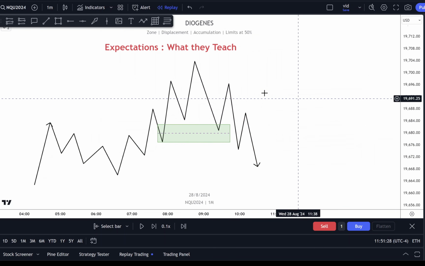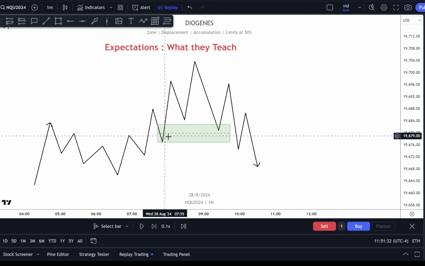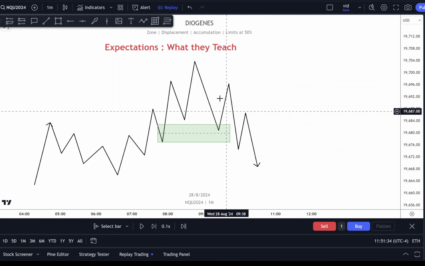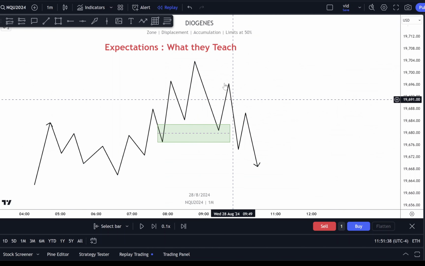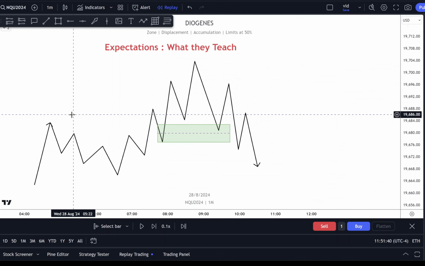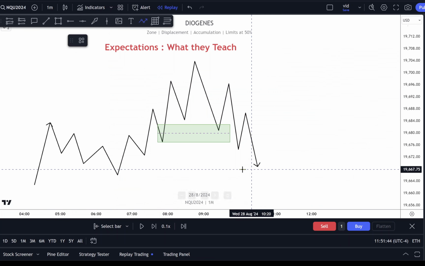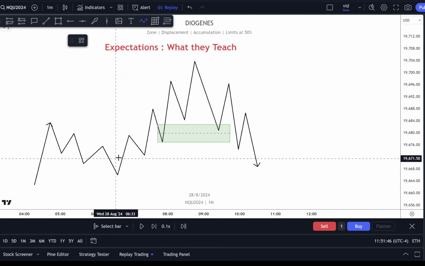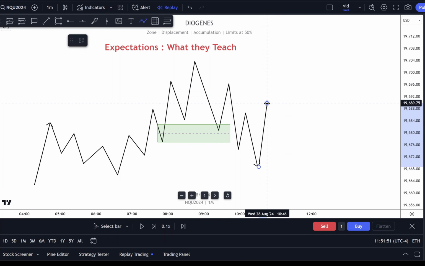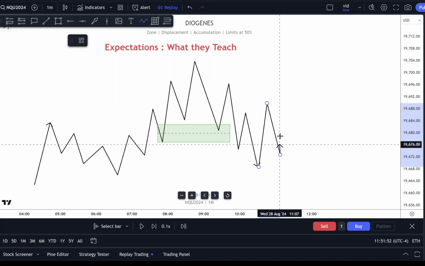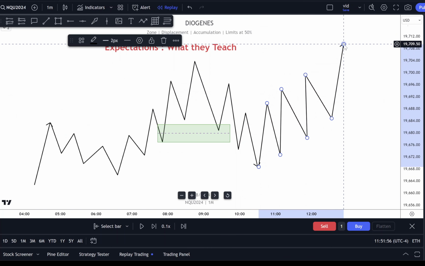So what they teach you is here, price will break structure, will use something in here just to mitigate this first bearish zone, and then they will start bearish order flow just to go and mitigate this higher time frame zone. And then when they mitigate something that will be unmitigated in here, they will flip back bullish, then go back to the 50% and keep going up, right?